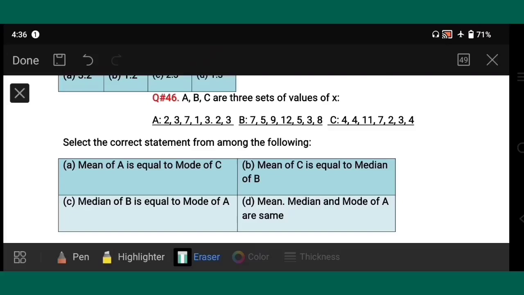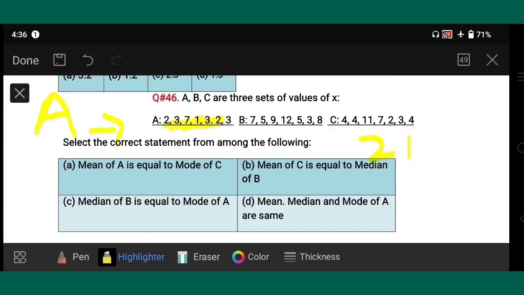So let's say A. We are going to find the mean. 2 plus 3 gives 5, 5 plus 7 gives 12, 12 plus 1 is 13, 13 plus 3 gives 16, 16 plus 2 gives 18, 18 plus 3 gives 21.